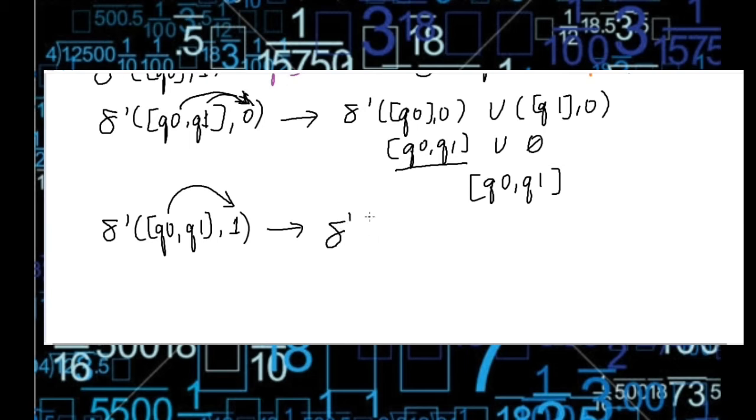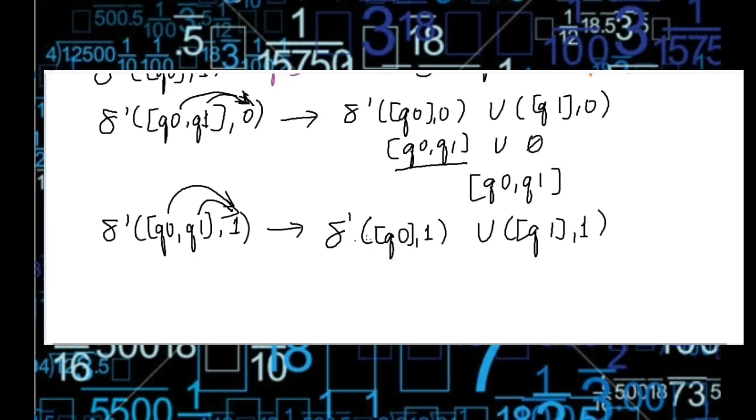So, lagay mo dito. Q0 input ng 1. And then, union, Q1 naman. Q1, mag-i-input ka ng 1. And then, Q1, input ng 1. And, let us solve it.